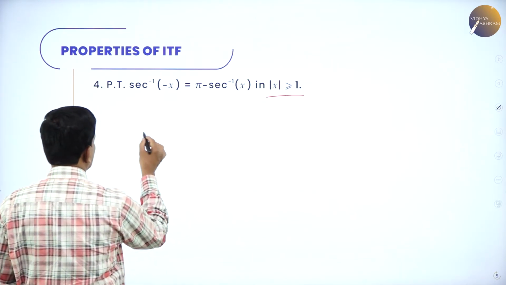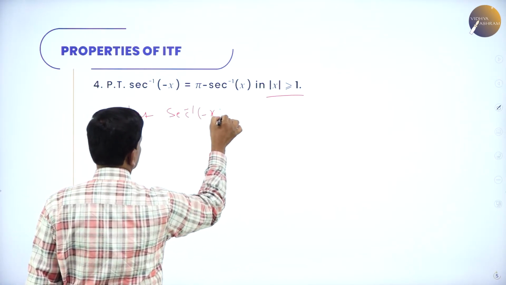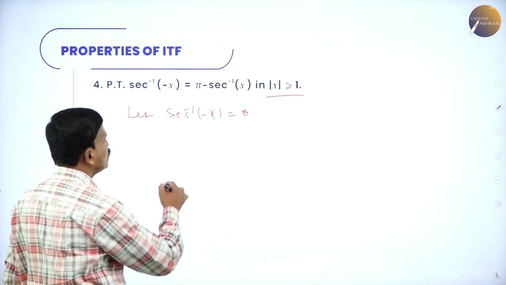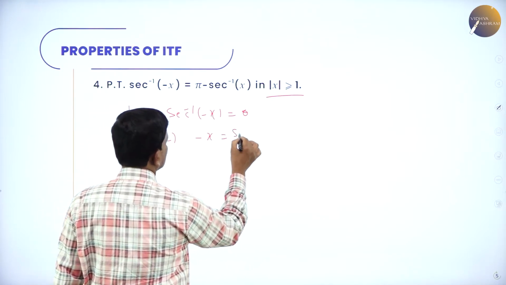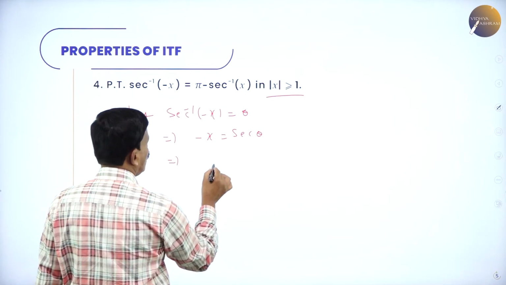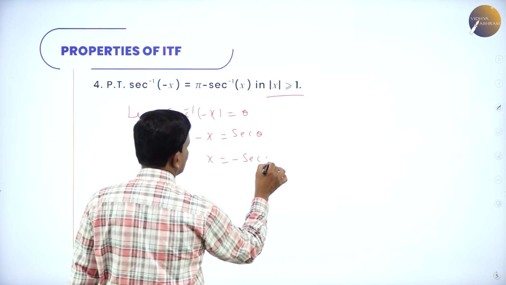Same type as that of cos. Let us consider secant inverse of minus x is equal to theta, which implies minus x is equal to secant theta. Minus x is equal to secant theta, so x is equal to minus secant theta.